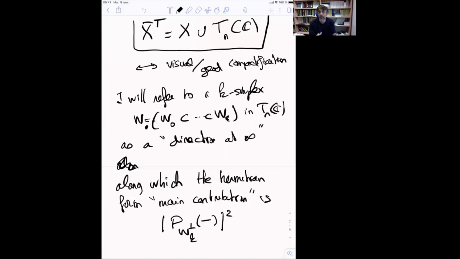And why am I insisting on that? Because remember that in the end we want to understand the behavior of our forms that have a Gaussian behavior, where the Gaussian is associated to the Hermitian form at the point on the symmetric space. And so I want to understand how the form evolves in the direction of some flag.